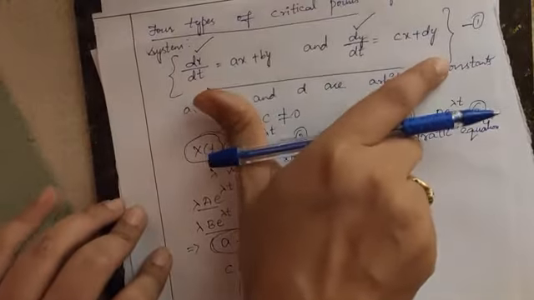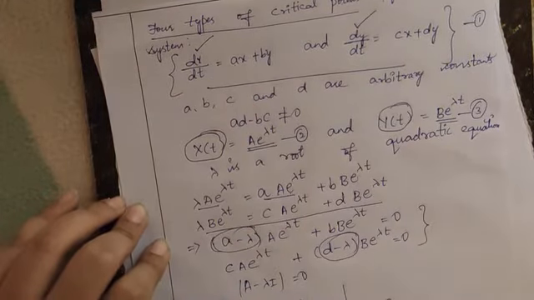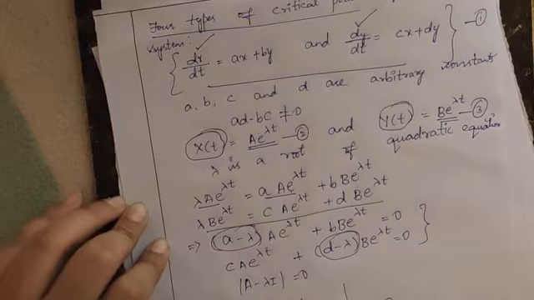So now from the eigenvalues, we can determine the nature of the critical point 0 comma 0. So now let us discuss the cases.